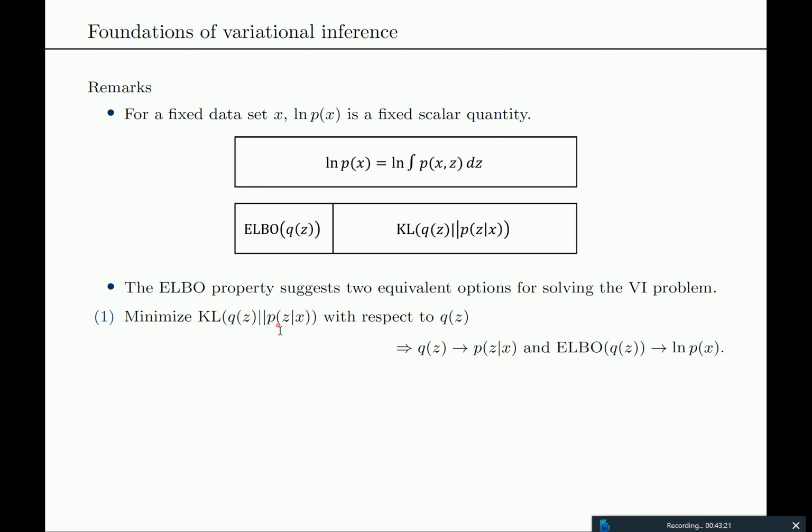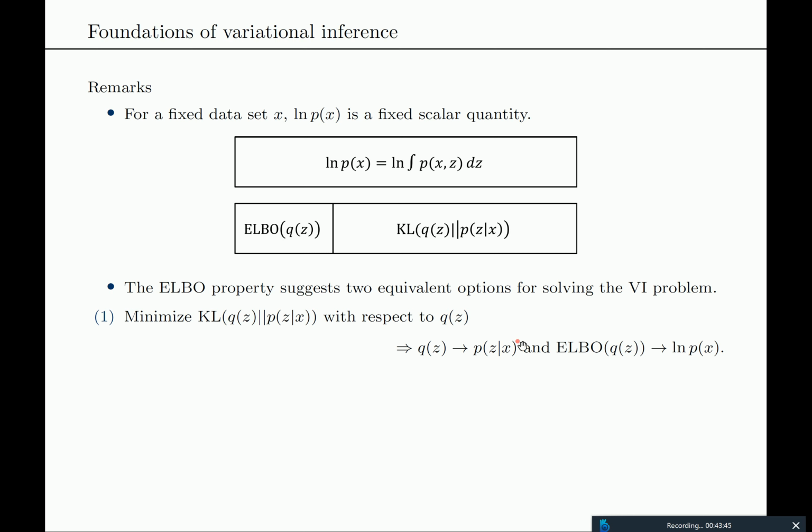If we minimize the KL divergence between q(Z) and p(Z given X), the conditional or posterior distribution, then at the same time we make q(Z) more similar to the posterior distribution. So we approximate the posterior distribution by minimizing this KL divergence.